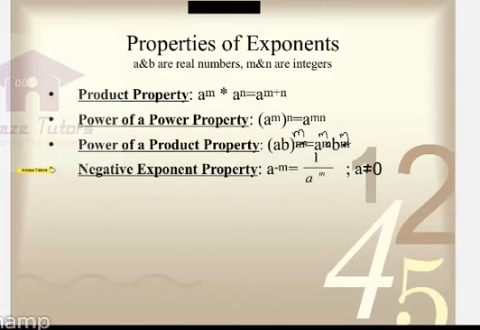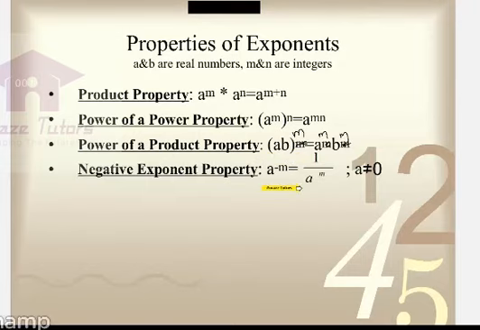Negative exponent property. Whenever there is a negative integer in the exponent place, it is called the negative exponent property. To get rid of the negative and make it a positive exponent, we need to reciprocate it. I hope you know about reciprocals. Reciprocal is simply writing upside down, or flipping the numerator and denominator.